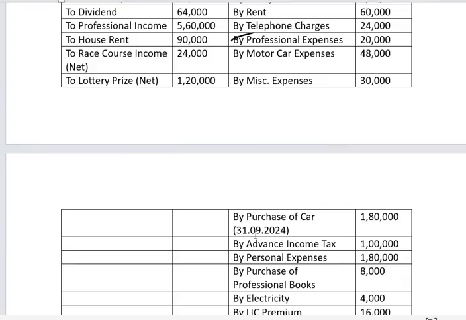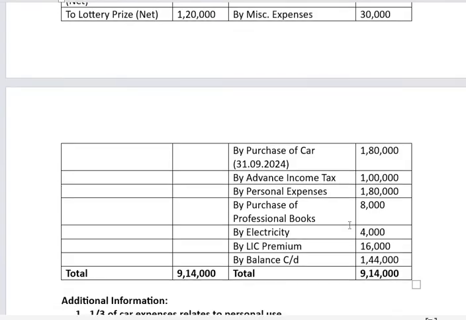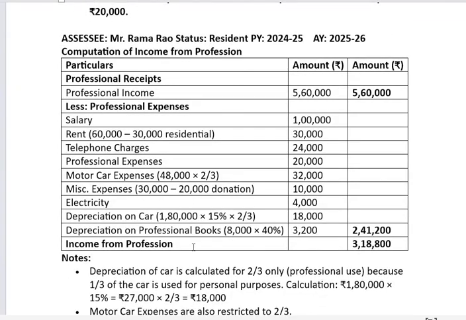Actually September he took, right? September, October, November, December, January, February, March. So 6 months he used. Definitely he has used it for 180 days. So what we have to give? Depreciation 1,80,000 into 15% into 2/3, 18,000.